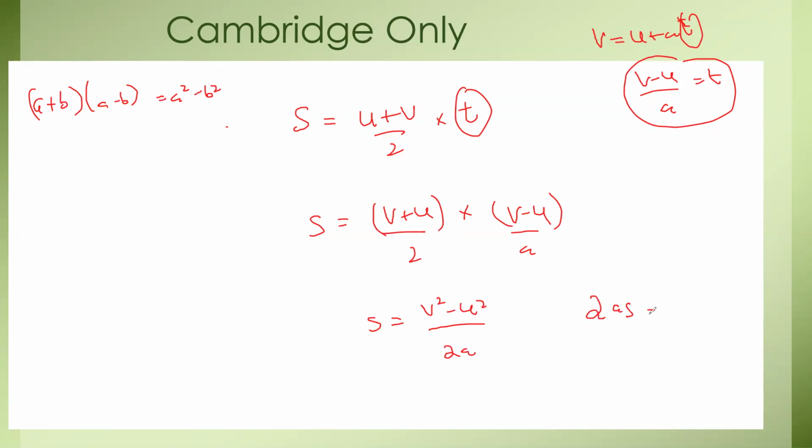So it will become 2as is equal to v square minus u square. That gives us the fourth equation of motion. Is it clear? The four equations, the derivation.